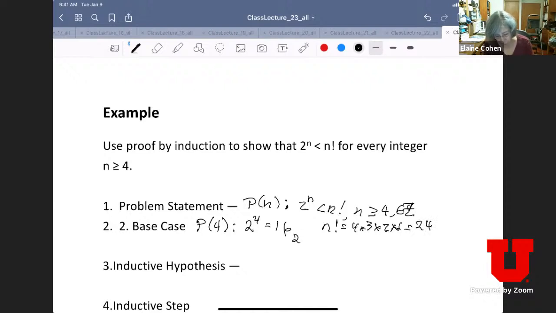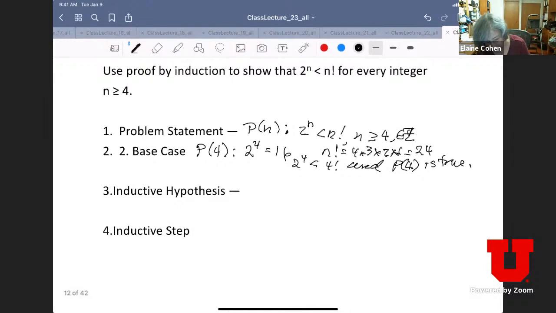So 2 to the 4th is less than 4 factorial, and P of 4 is true. Okay? Good.